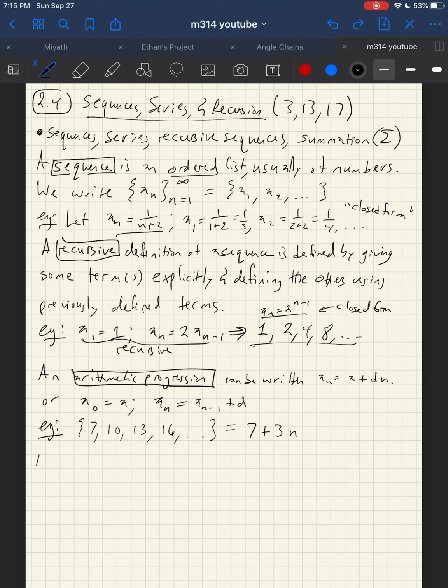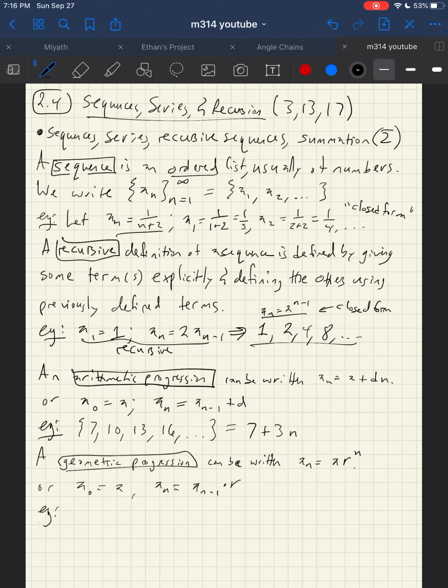Now similarly, but different, a geometric progression can be written as a sub n equals a times r to the n. The previous one was adding a number each time; this is multiplying by a number each time. Or we could write it as a sub 0 equals a, and a sub n equals a sub n minus 1 times r.